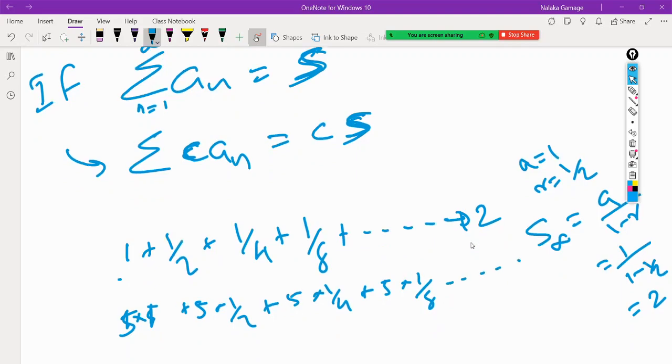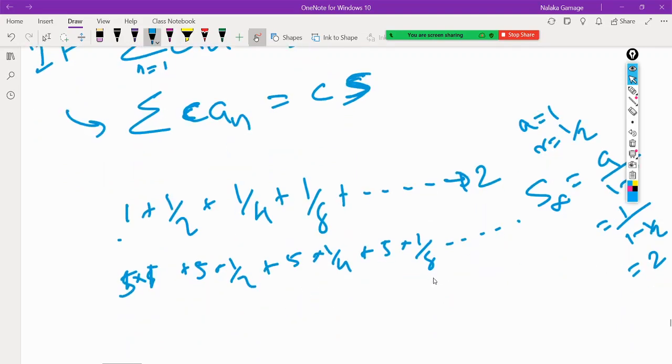Now this is another series. Why can I say that it is a series? If I can keep telling you the next term, and if it can be summed, it's a series. Now this is not actually a theorem. It's a very simple result.